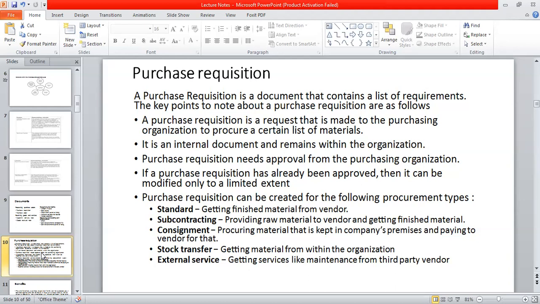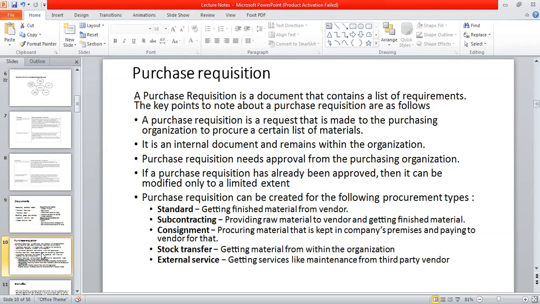If the department wants to buy something of a higher value, usually higher authorities or senior managers will be requested to approve those requisitions before any process.